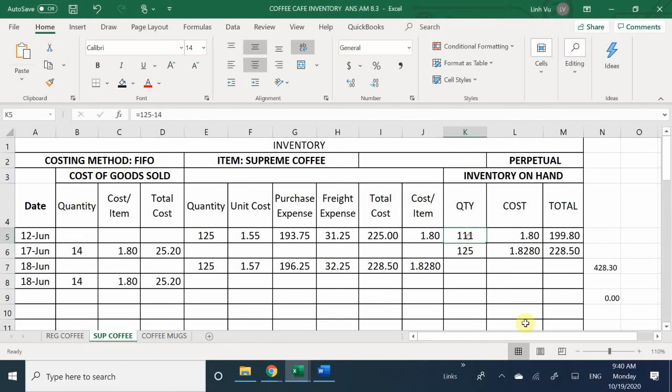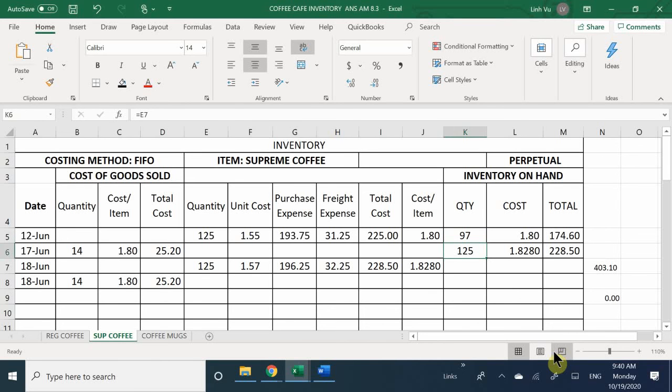All right. So how do I update my inventory? Subtract it from the first one, the 111. 111 minus 14.